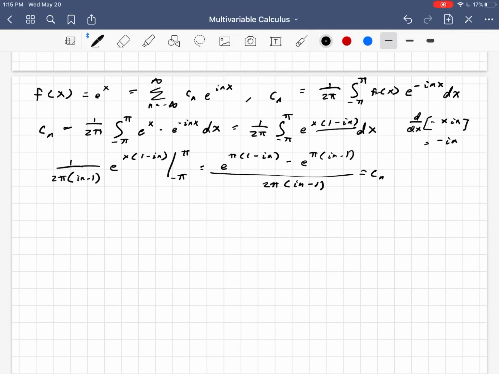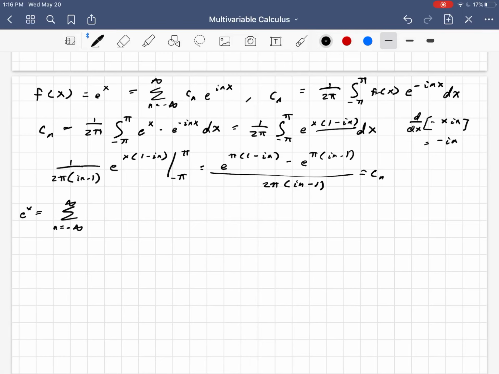So now we can plug that definition of c sub n into the Fourier series, and we get the sum from negative infinity to infinity, and this is all going to be equal to e to the x.